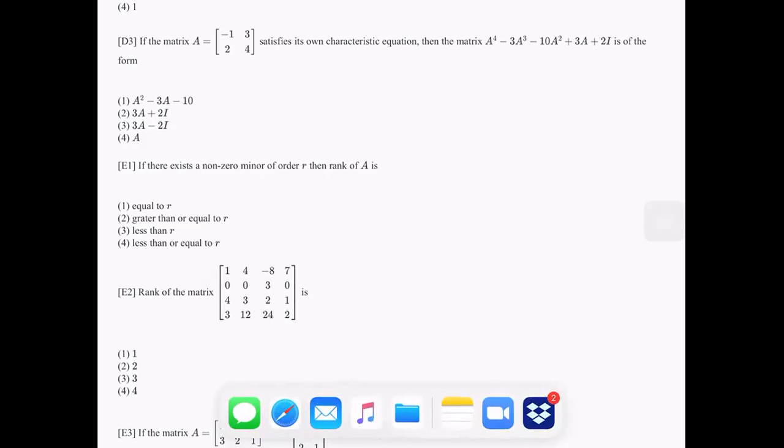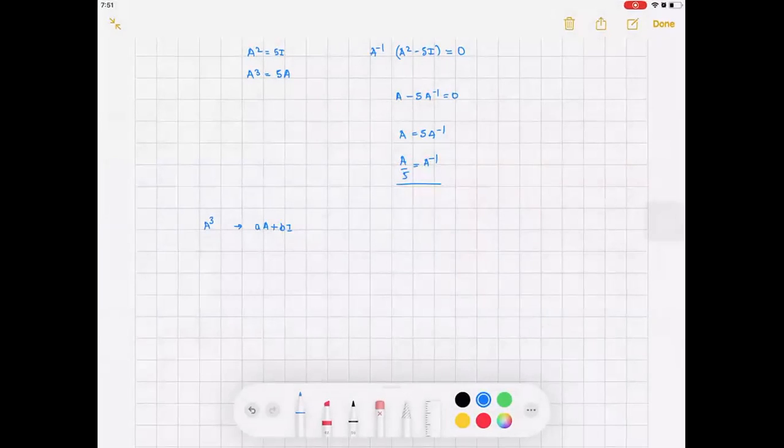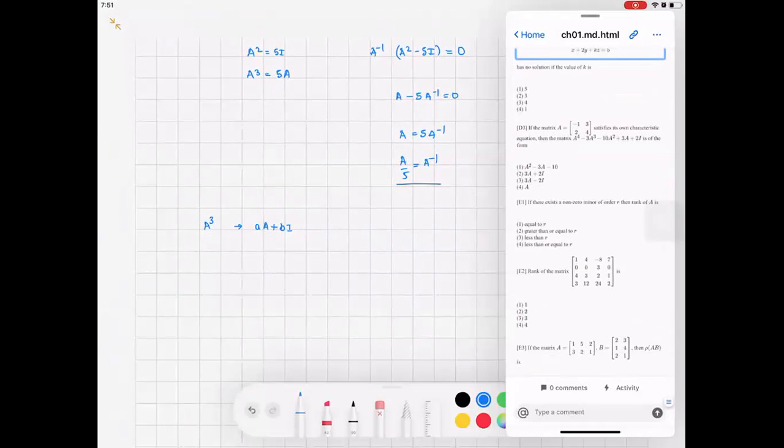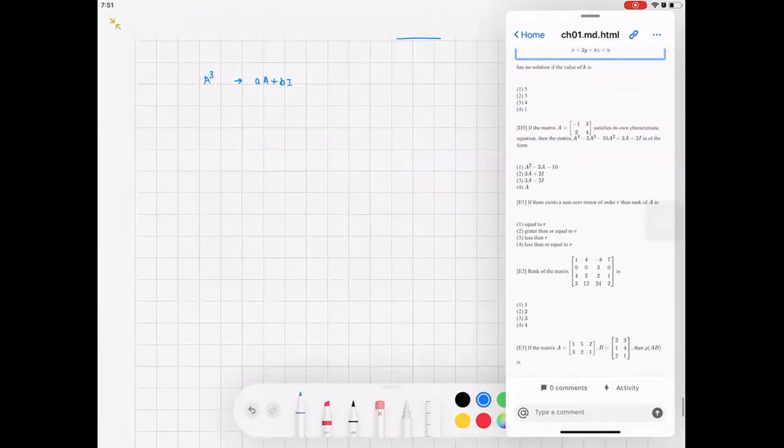The matrix is minus 1, 3, 2, and 4. I'll just copy this matrix here.